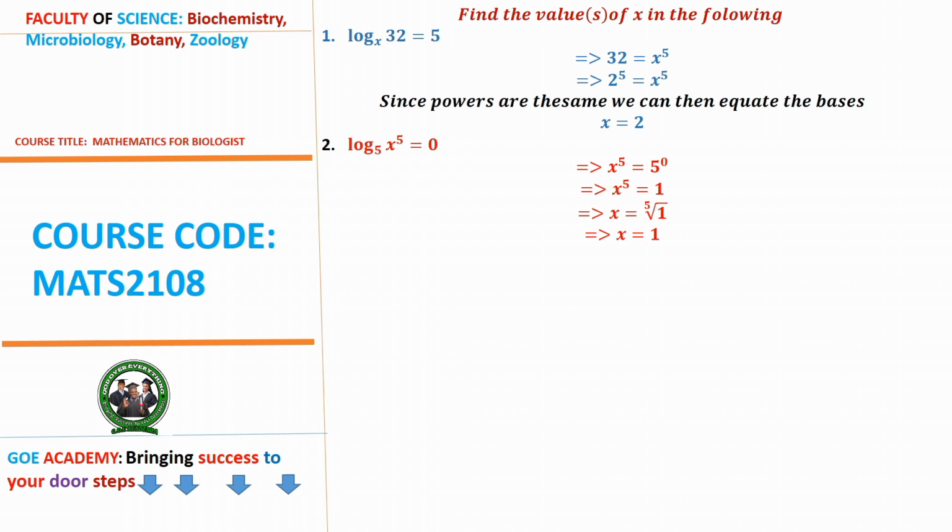By right, for that simplification, I was supposed to write this as the 5th root of 1 raised to the power 5, so that this 5 simply cancels off with the 5th root, and we are left with 1. So that's why the 5th root of 1 is 1. So our value of x is simply 1.